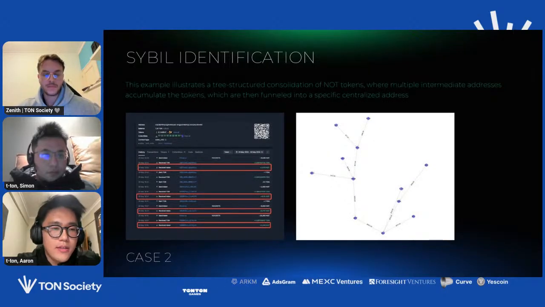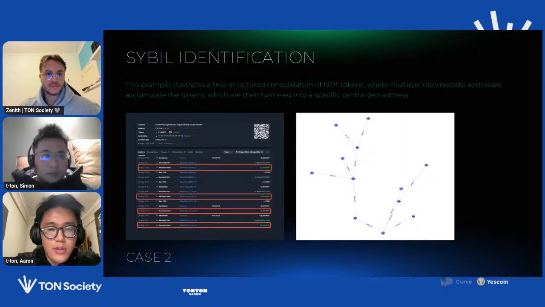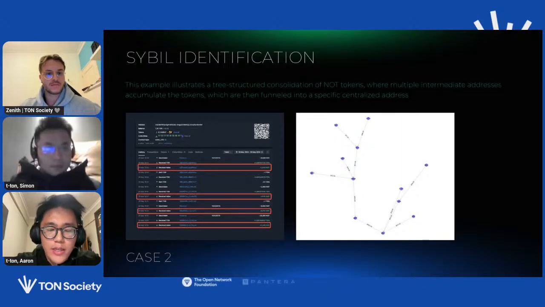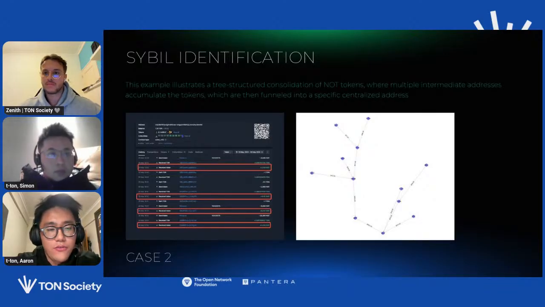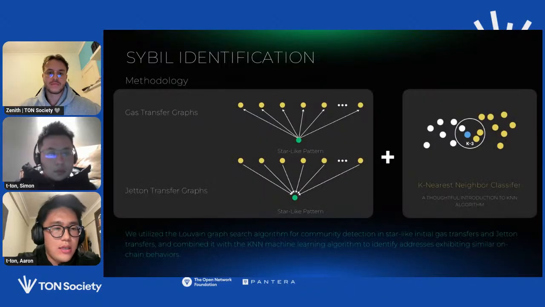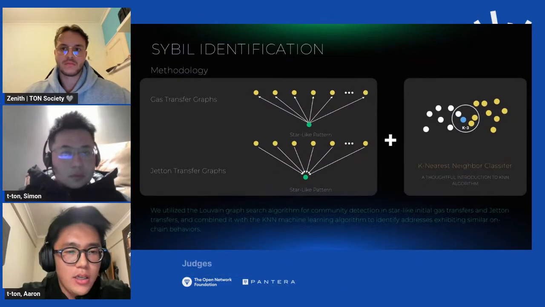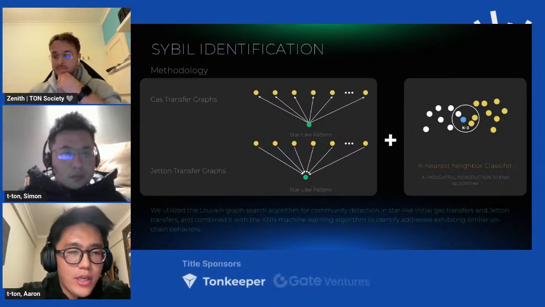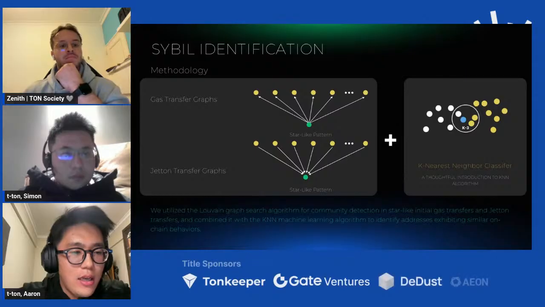In the second case, we identify tree structure patterns for consolidating NOT tokens. A tree is the simplest way to link multiple addresses, making it highly efficient for bad actors to move funds with minimal losses.